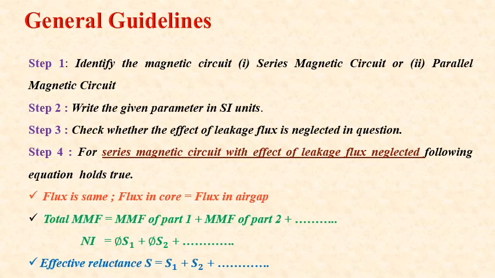These are some of the tips that will help you in solving numericals. Whenever you get a problem, first thing we have to do is to identify the nature of magnetic circuit, that is, whether it is a series magnetic circuit or a parallel magnetic circuit.